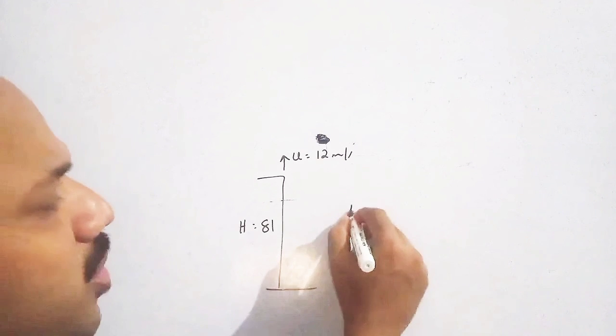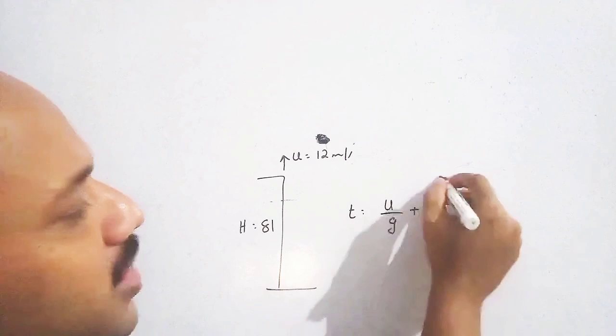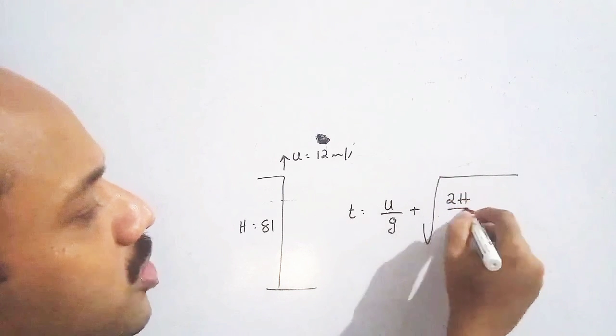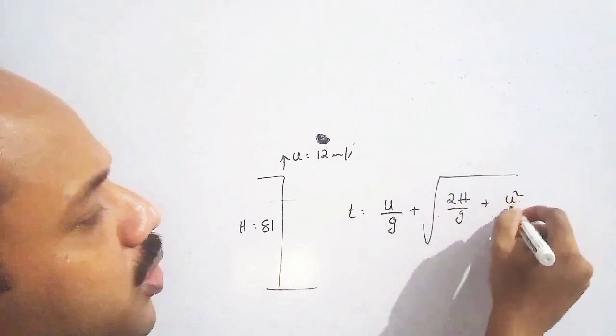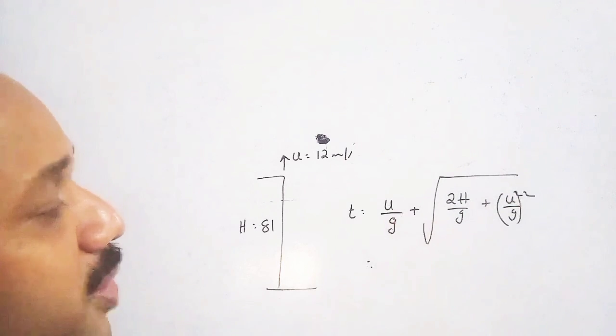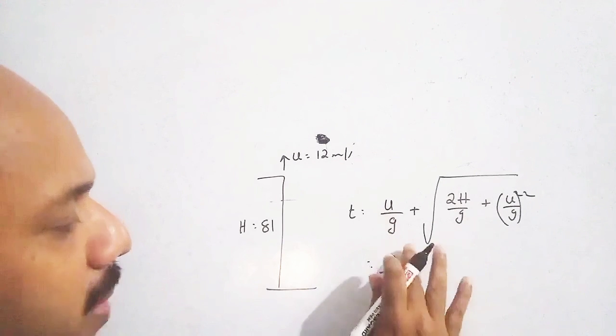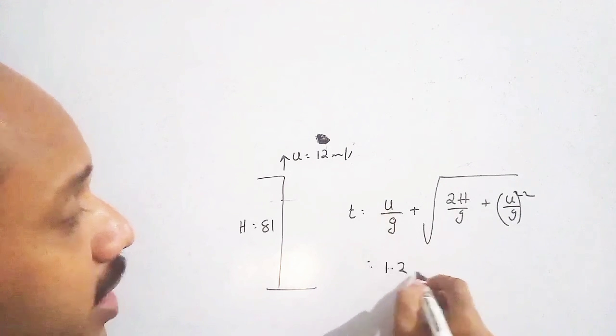Do you remember a shortcut equation? In this case, the time taken is u by g plus root of 2h by g plus u square by g square, or (u by g) whole square. How much is u by g? u is 12, 12 divided by 10, that is 1.2.